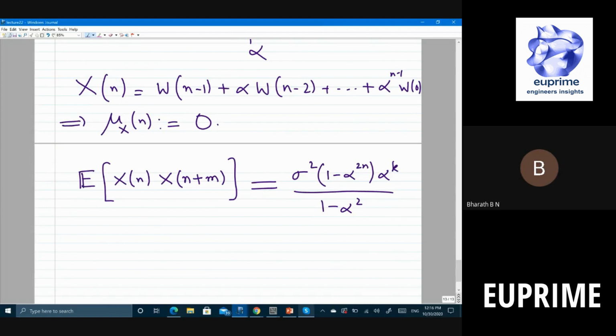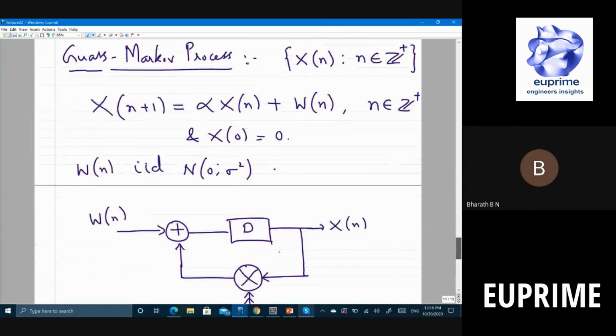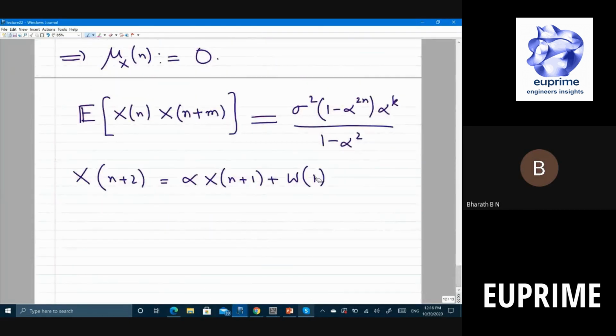See, x of n plus m, I can write it in terms of x of n. Do you agree? Let's look at x of n plus 2. This is alpha into x of n plus 1 plus w of n plus 1. But this is equal to alpha into alpha x of n plus alpha into w of n plus w of n plus 1.